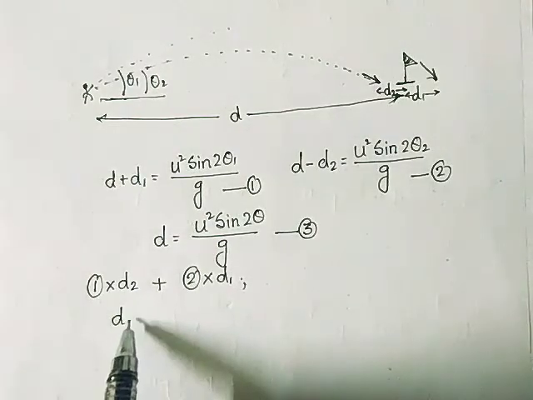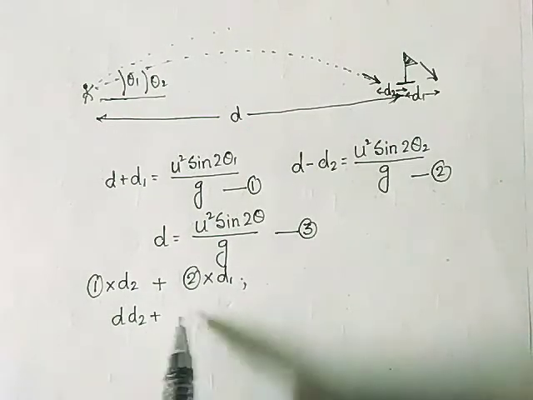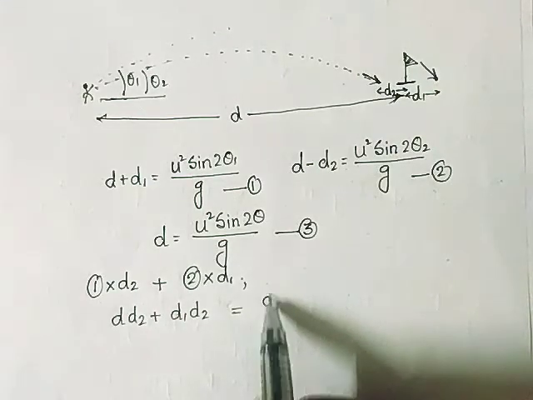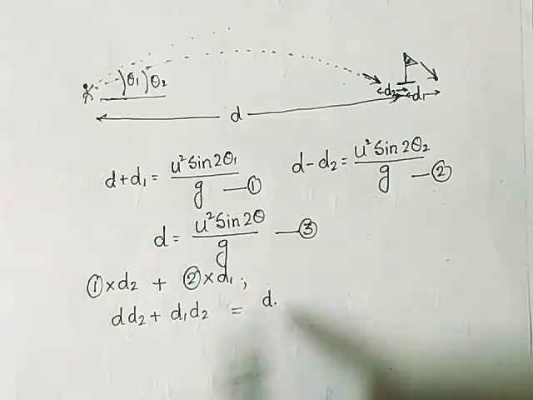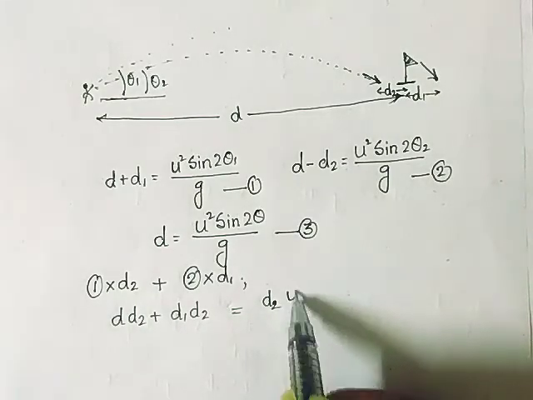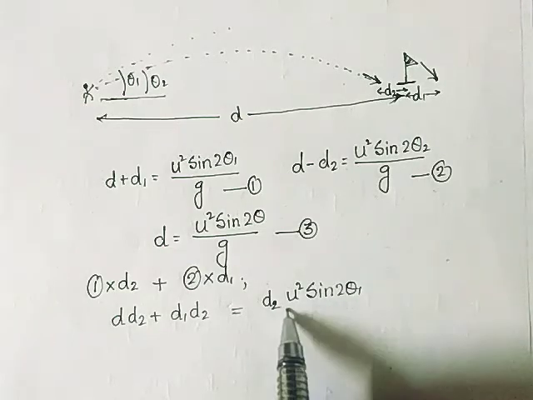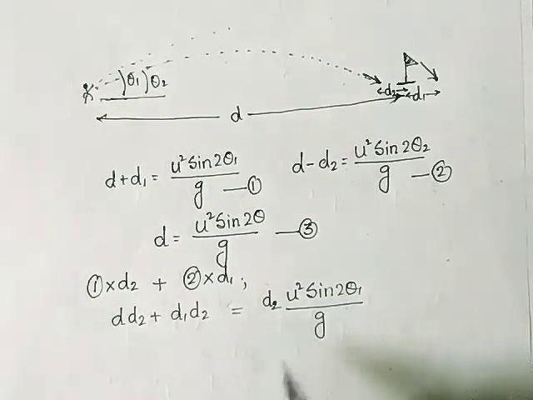It gives d d2 plus d1 d2 equal to d2 u square sine 2 theta 1 divided by g.